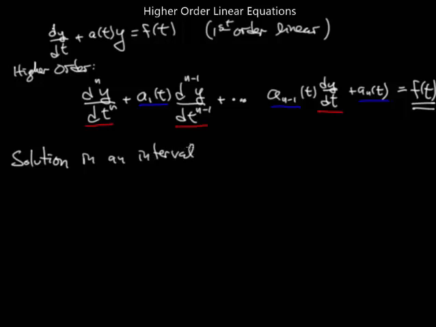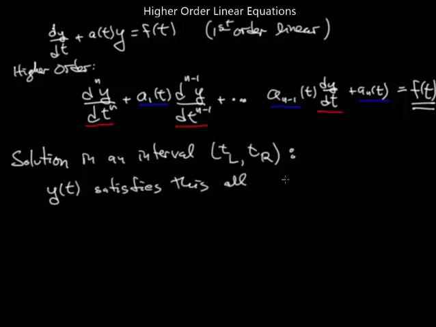Let's talk about the solutions. It's very similar to what happened in the linear case. Let's suppose you're looking at some interval from tL to tR, which might well be minus infinity to infinity, and you're looking for some function y(t) which satisfies the equation for all t in this interval. That's just the notion of having a solution.